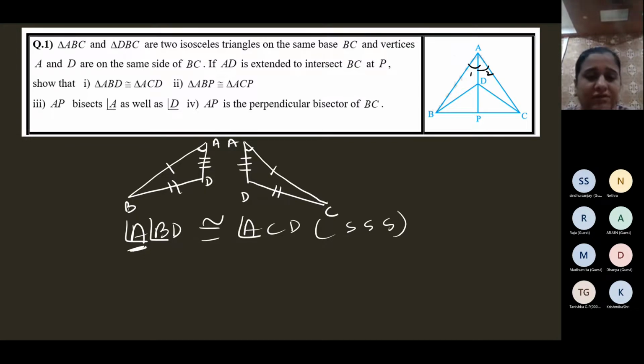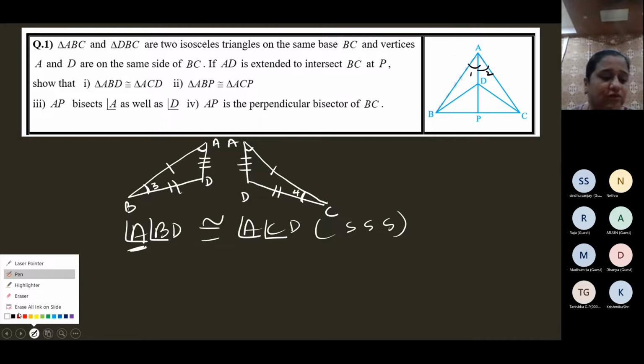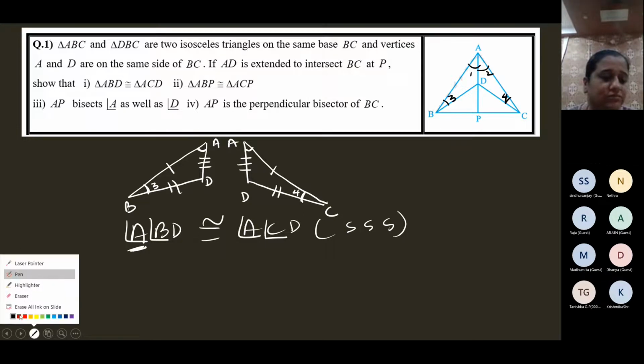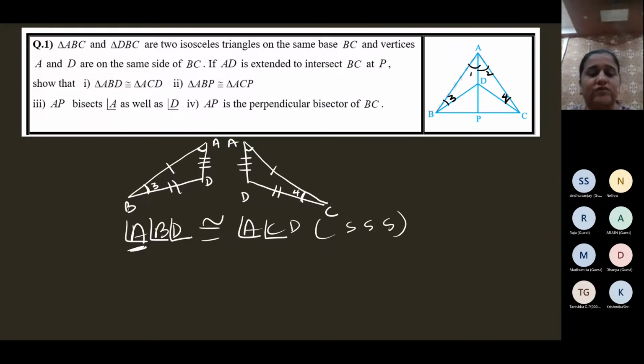Then angle B of the first triangle is equal to angle C of the second triangle. That's why we said 3 is equal to 4, whatever the number we gave earlier. Angle D of the first triangle is equal to angle D of the second triangle.